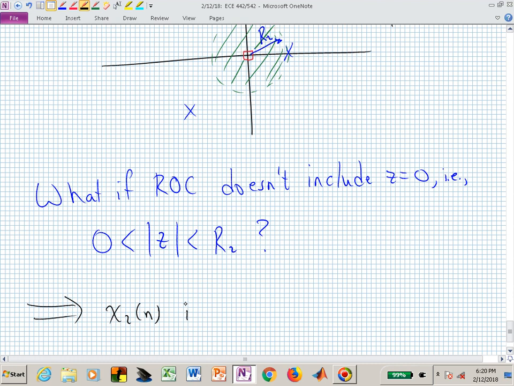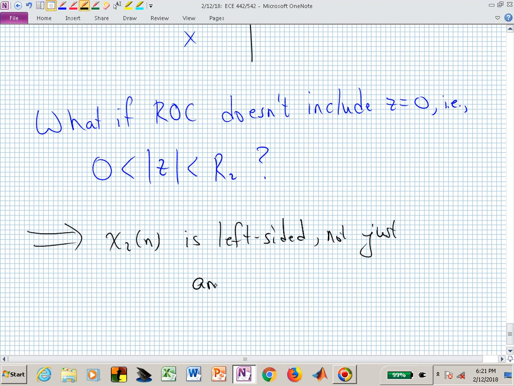X of n is left-sided, not just anti-causal.